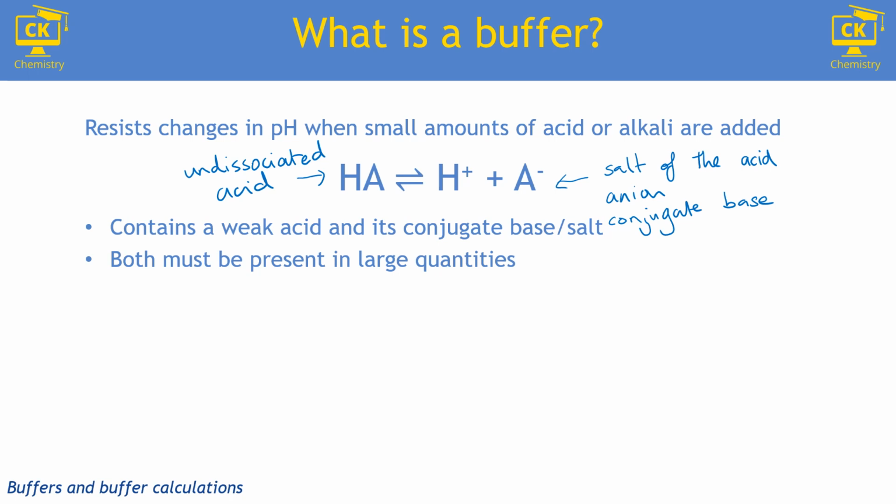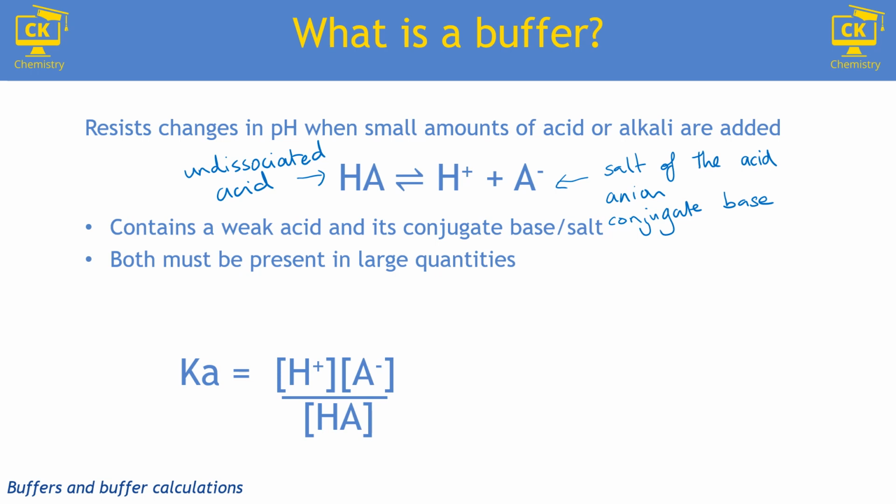When we do the calculations, we are going to concentrate a lot on using this Ka equation. When you have a weak acid on its own, you will have been using this Ka equation and simplifying it to H+ squared at the top.